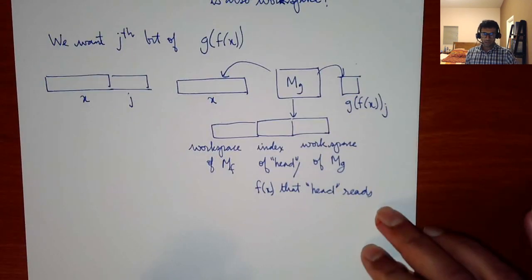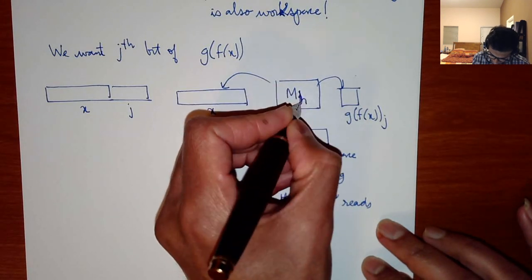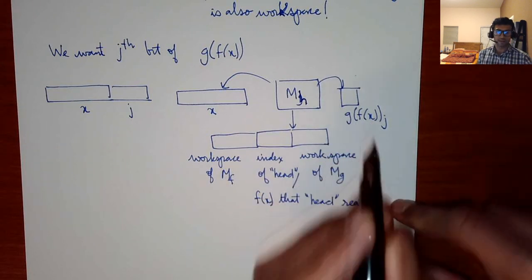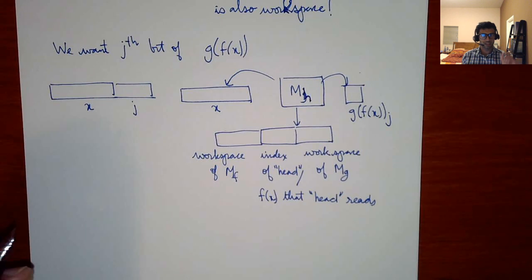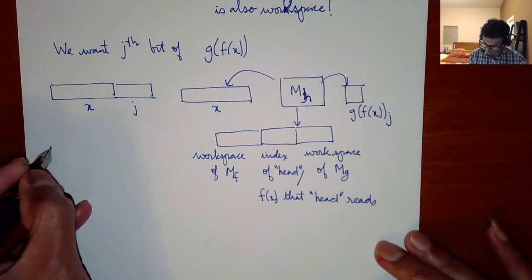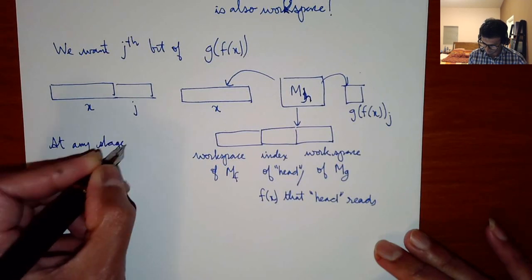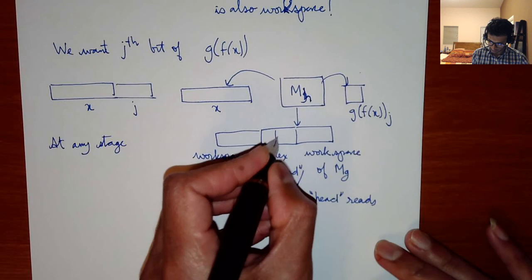So now this is not the machine mg, but rather I'll say this is the machine mh, because this is now going to compute g of f of x. It's going to compute everything together. How does this work? Let me tell you how a specific transition works. So at any stage, I'll refer to this as k.